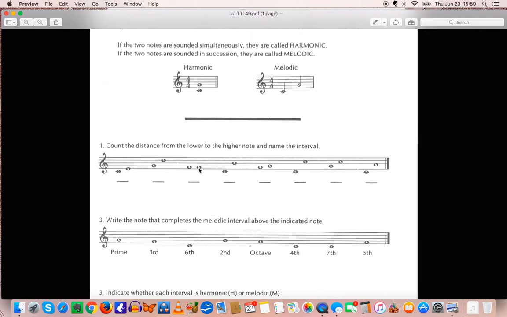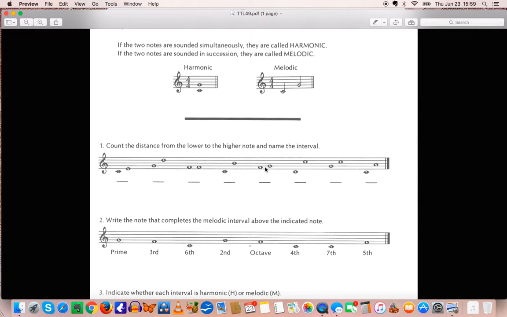One note to the same note, that's called a prime, or unison sometimes. Now we have C to B, so C, D, E, F, G, A, B. 1, 2, 3, 4, 5, 6, 7. That's a seventh.